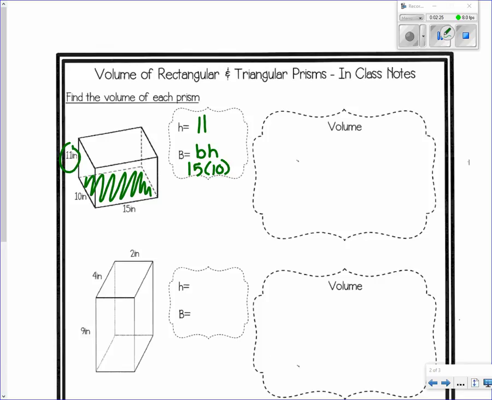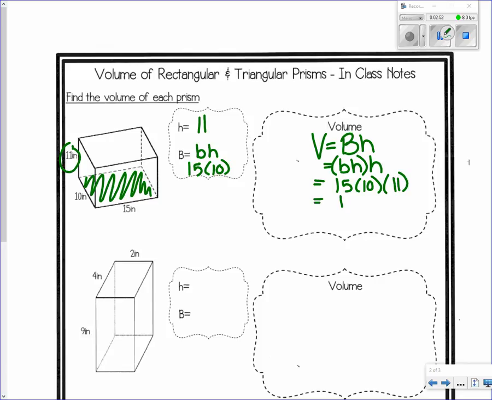So when I come over here to do my big formula, volume equals big B times H. Okay, I'm going to plug in what my formula was for the big B, base times height, and then that second H is for the whole prism. So typically your H's will not be the same number. They're going to be two different numbers. So if I plug in, I have 15 times 10, and then my other height was 11.